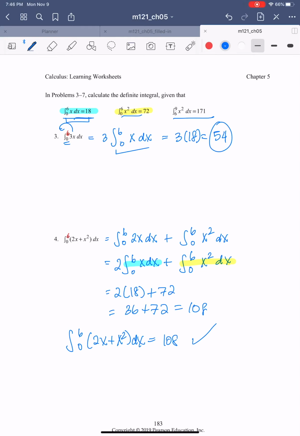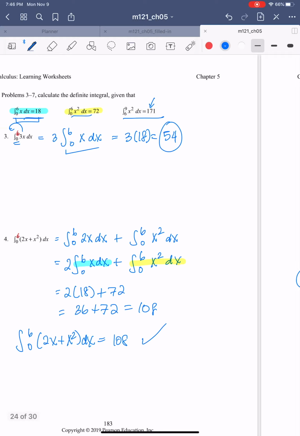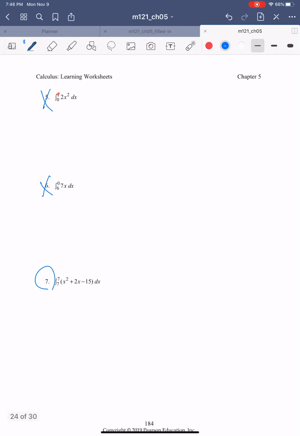Okay, very simple. Next section, we are going to actually learn how to calculate this number instead of doing a rectangle. And that's what the fundamental theorem of calculus is. So I'll leave 5 and 6 for you to try. And then I will still give you the answer.